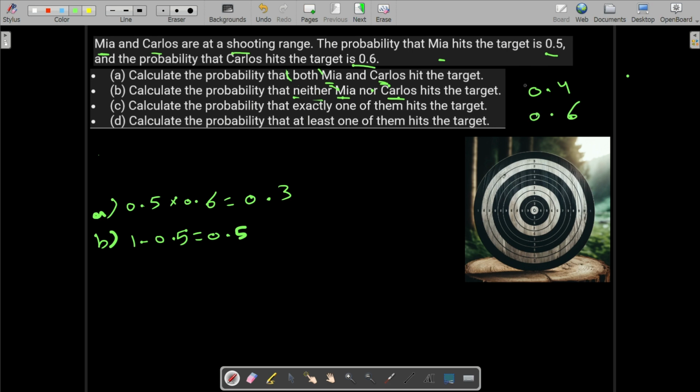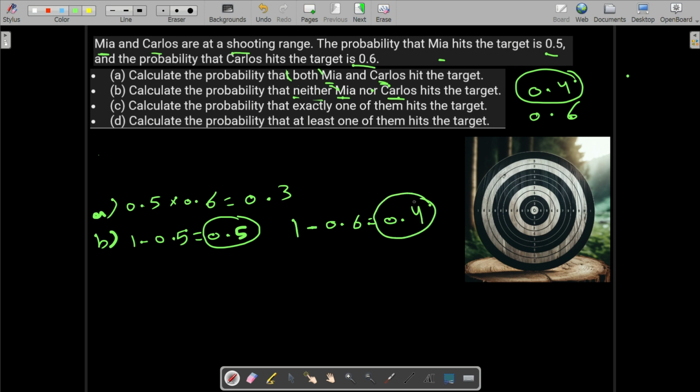How did we do that? 1 minus 0.4, because the sum of probabilities must equal 1. Here, we got the probability that Mia does not hit the target. We will get the probability also that Carlos does not hit the target, which is 1 minus 0.6, which is equal to 0.4.